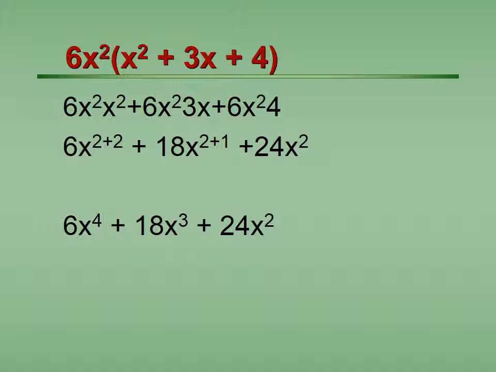So the 6x squared times x squared becomes 6x to the 2 plus 2. 6 times 3 is 18, and then we have x to the 2 plus 1. 6 times 4 is 24, x squared. Giving us our final answer of 6x to the fourth plus 18x cubed plus 24x squared.